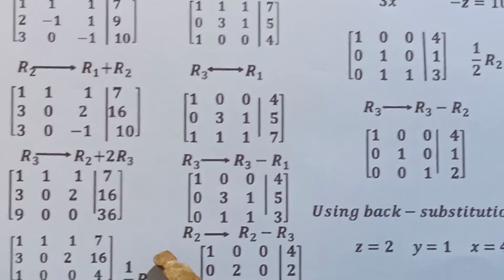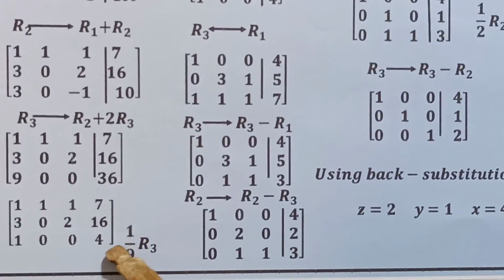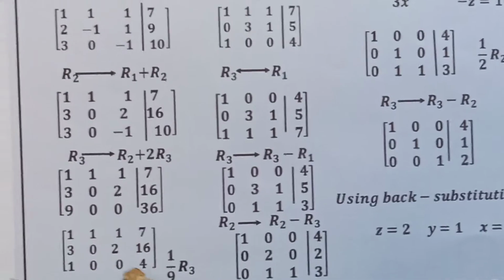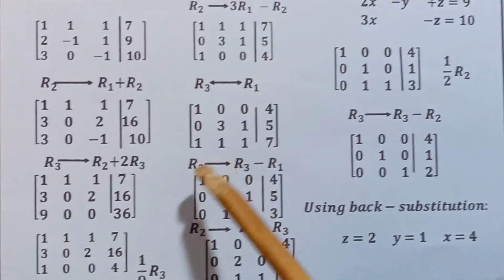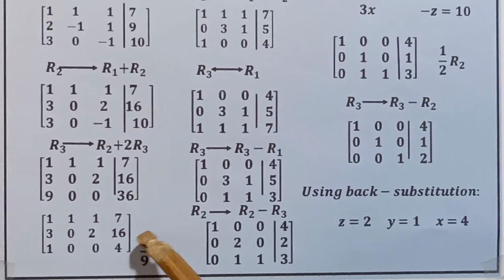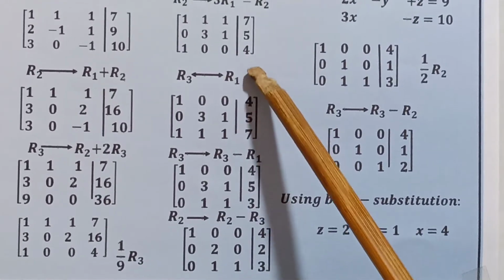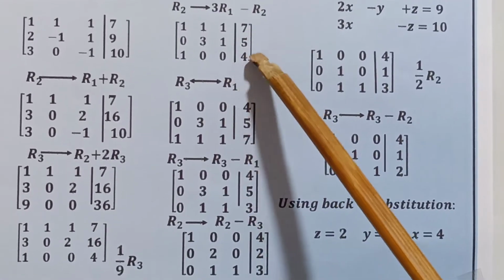Next, as you can see, row 3 here is the answer for our x. So we continue our operation.